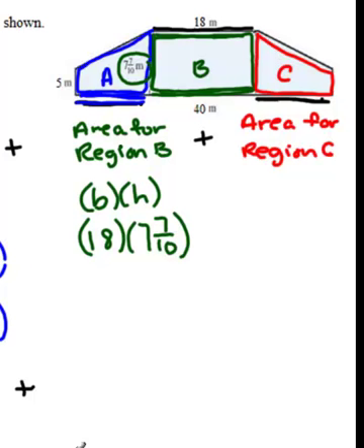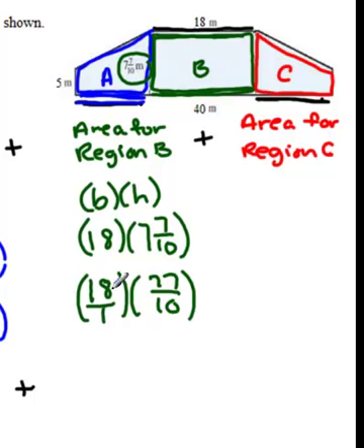So my base is 18, my height is 7 and 7/10, and I need to multiply those together. Again, in order to do multiplication, I have to rewrite this mixed fraction as an improper fraction. 18, I also need to write as an improper fraction. 18 over 1 times 10 times 7 is 70, plus 7 is 77 all over 10.